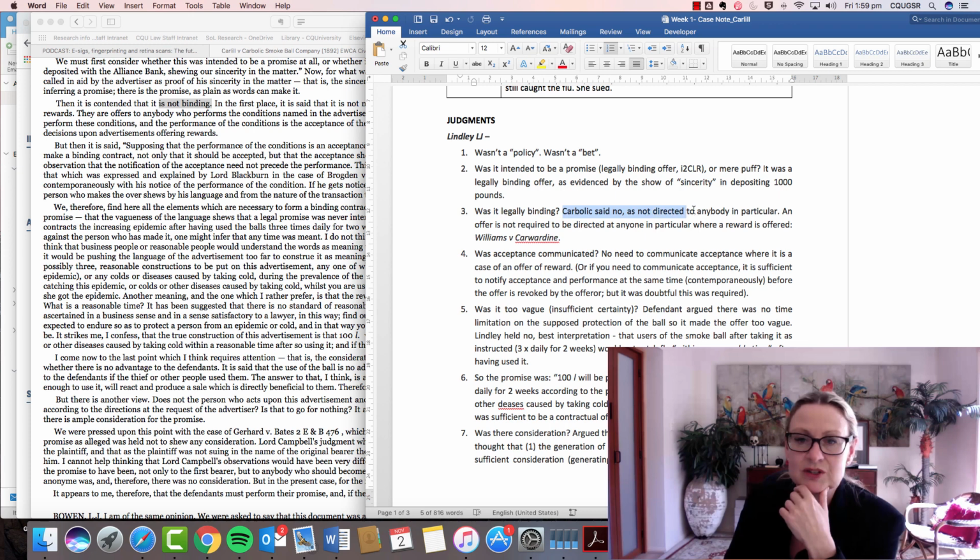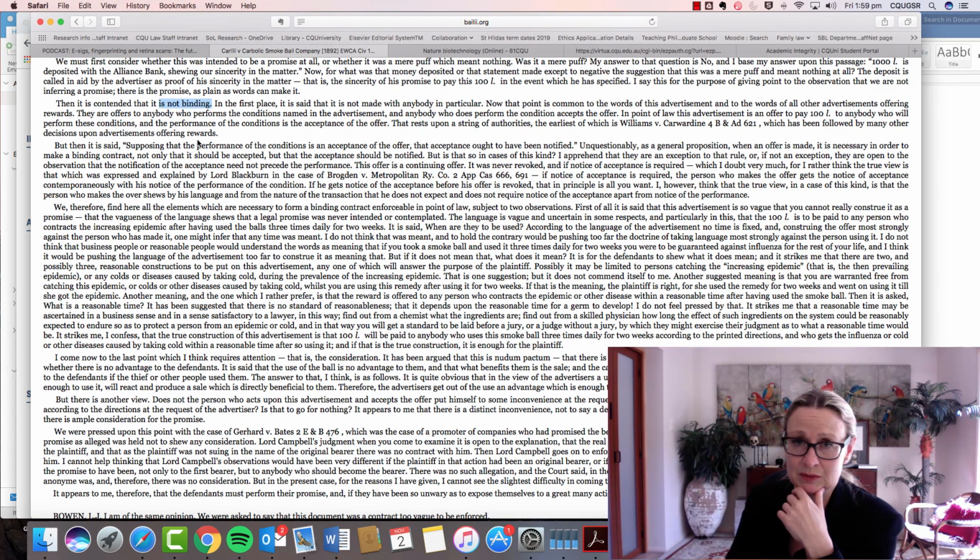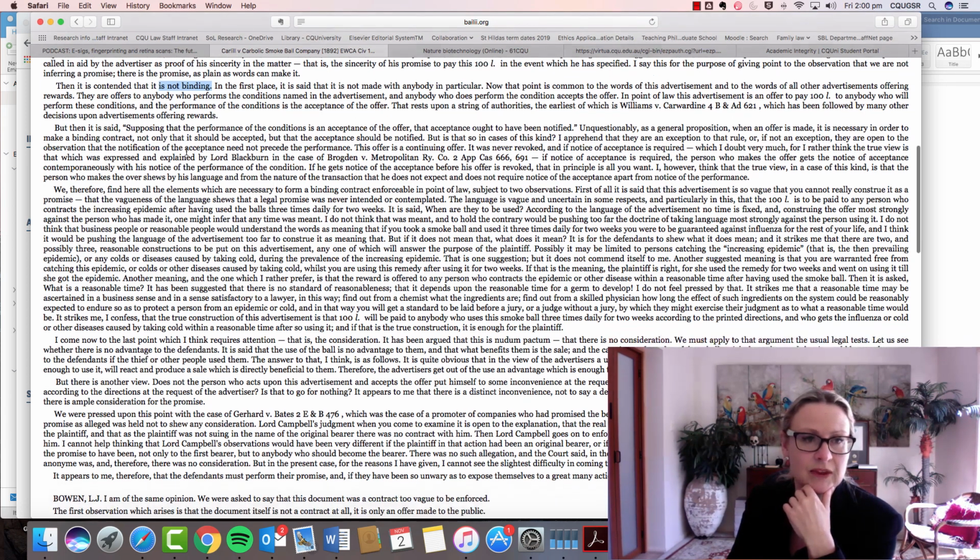Carbolic said no because it wasn't directed to anybody in particular. What they argued was you can't have a contract unless you had two specific parties. You can't have a contract with all of the world. And there was something fairly special that Lindley said about that issue, that particular argument. So I've noted that in my case note.